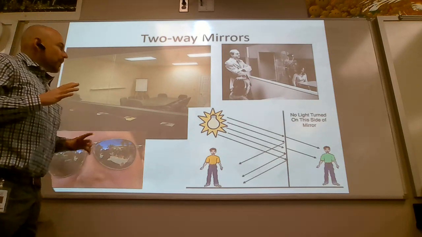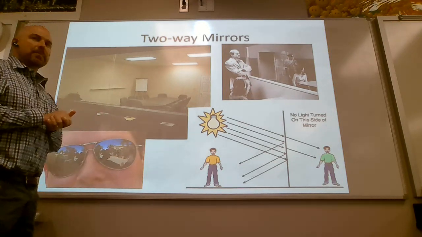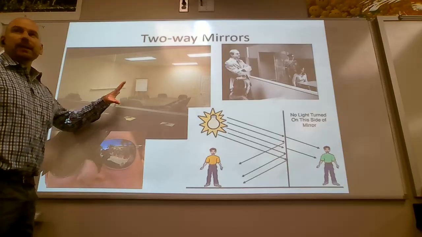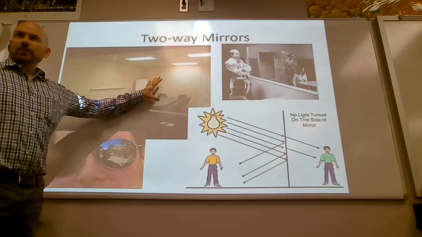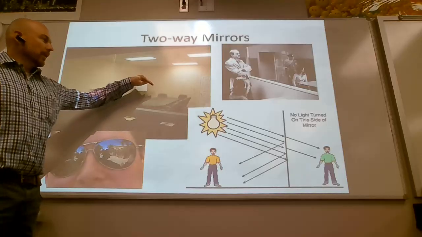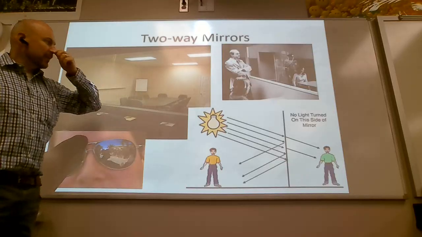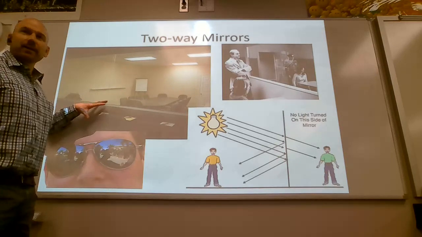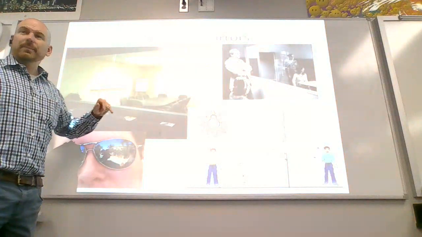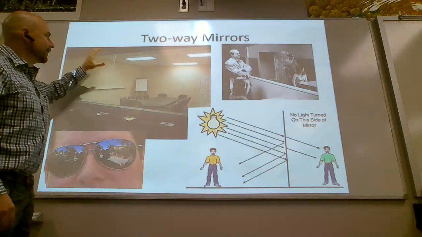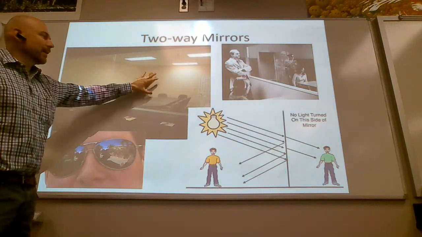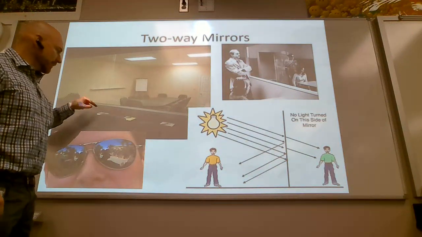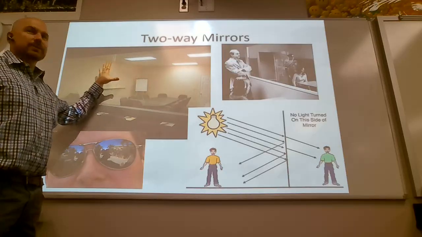Whoever experiences the mirror side is always sitting in the brighter of the two places. So these people at the conference table are going to see this as a mirror. The people spying on them see this as a window. If you were to turn on the lights in here and turn off the lights in there, the conference room people could see these people, and these guys would see this as a mirror.